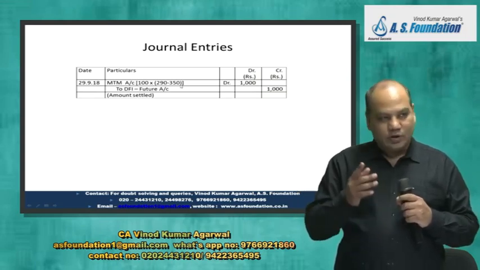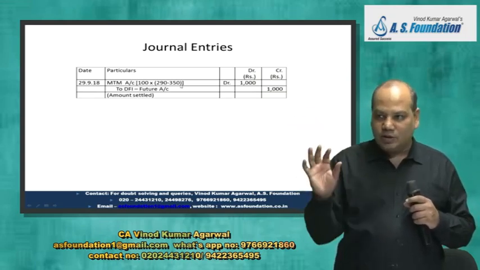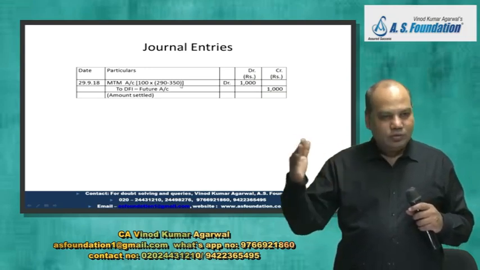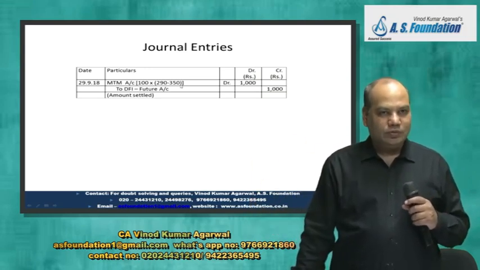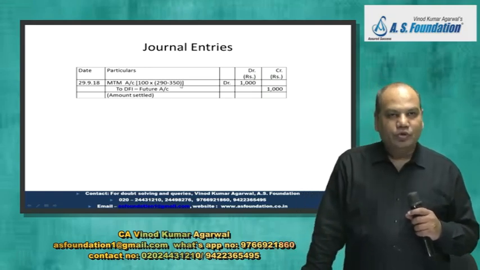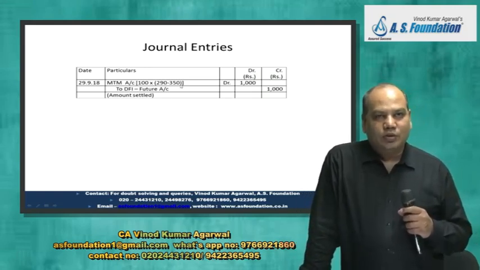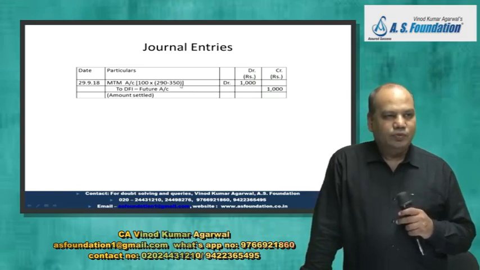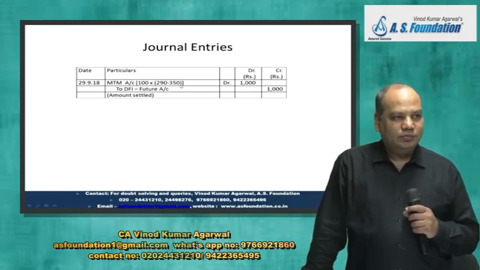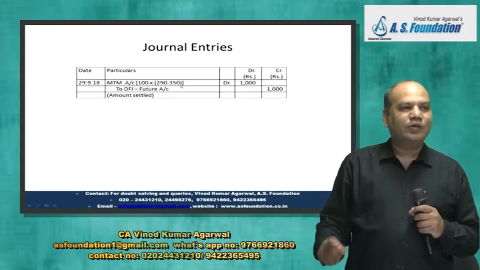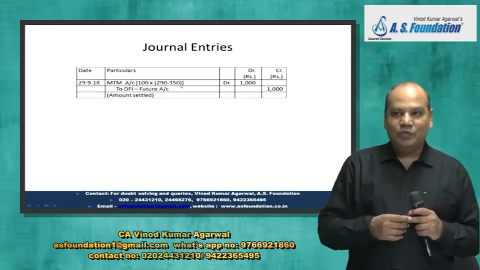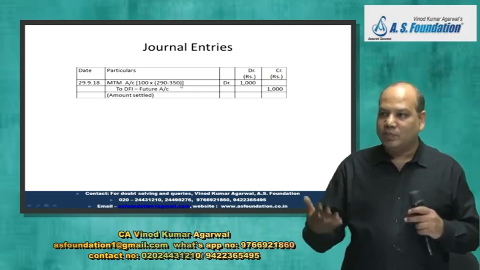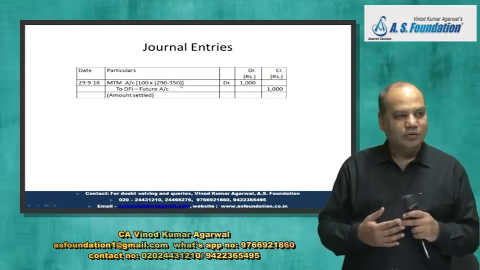MTM account debit 1000, which is the balance in my account, which is the profit I have earned, to DFI account 1000. So MTM account debit to future account 1000, being future settled. Again you will not receive 1000. Some students say, sir, we have won 1000. Should we not pass entry bank account debit to future 1000?